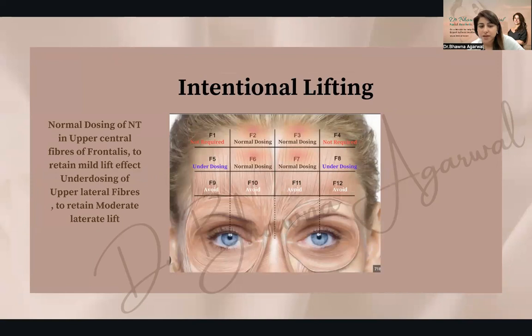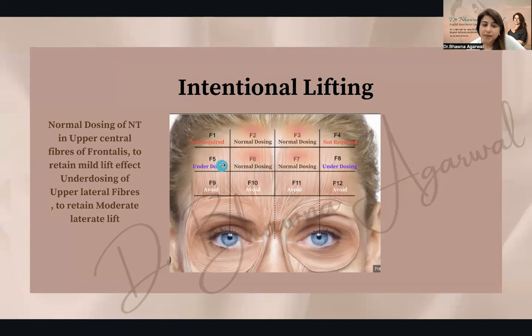If you imagine the forehead divided into 12 quadrants with imaginary lines, then the upper central fibers, that is F2, F3, F6, and F7, are injected with neurotoxin at a normal dose. The dose you can decide according to the techniques you follow, the muscle strength, muscle activity, etc., and the intensity of the wrinkles in these areas.